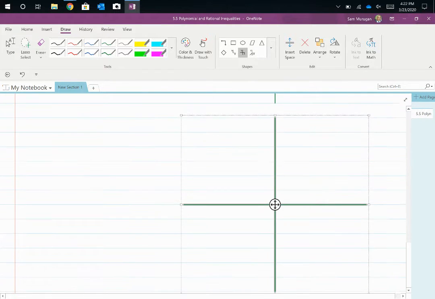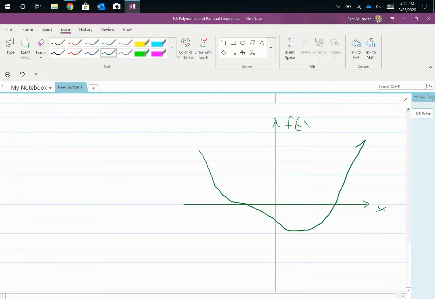Now let's try a graph that's open on both ends. Both ends turned upwards, perhaps like this. And we can say this point is -4 and this is +5.